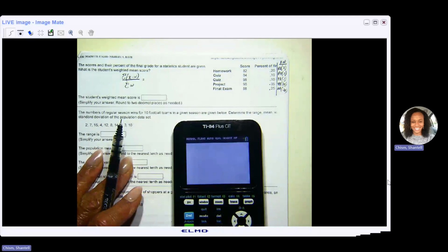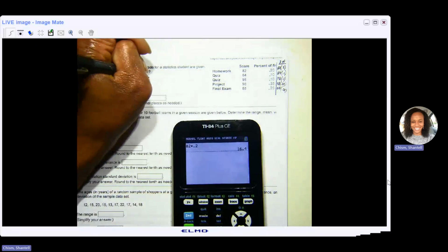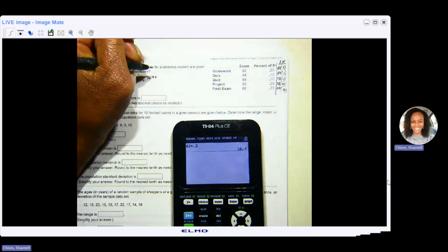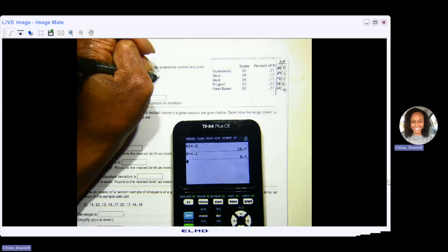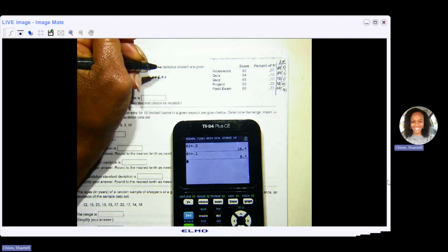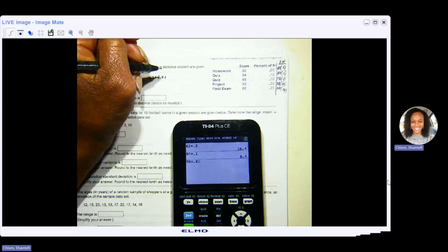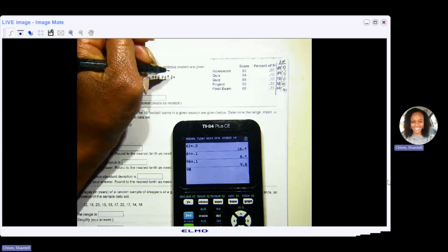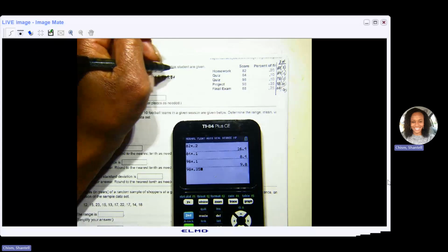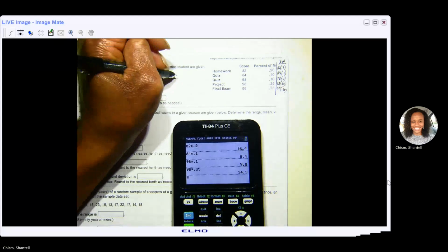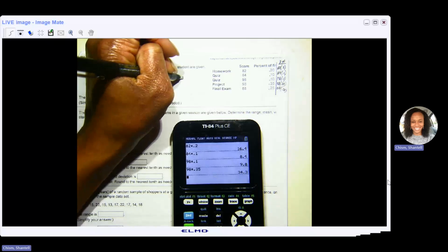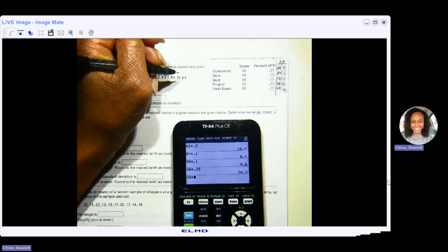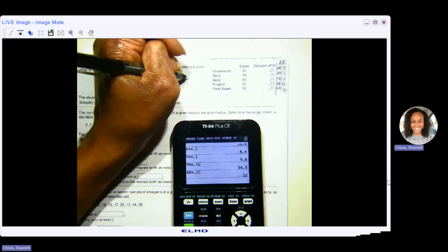So I'm going to say 82 times 0.2, I get 16.4, plus 84 times 0.10, I get 8.4, plus 98 times 0.10, I get 9.8, plus 98 times 0.35, I get 34.3, and then 88 times 0.25, and I get 22.